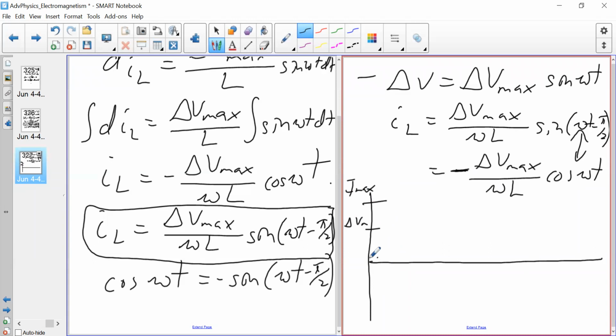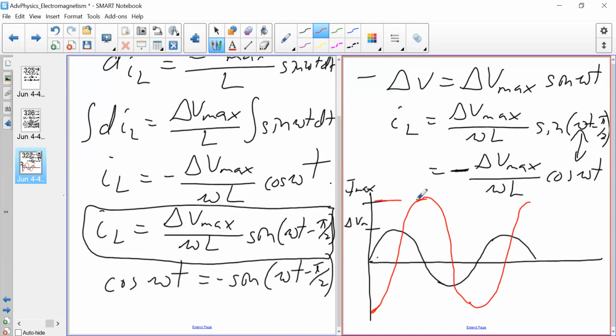That's for my delta V. And then my current is going to lag by 90 degrees, or be in the negative pi over 2 area. It's going to go like this. So when this is max, pi over 2 before this guy's max. And then he comes through like that, and then kind of splits up. So this is clearly out of phase by pi over 2. Oh, I didn't quite get up there, but yeah.